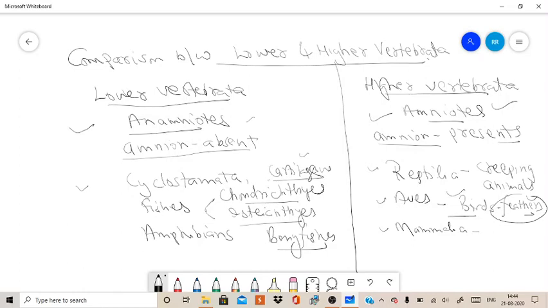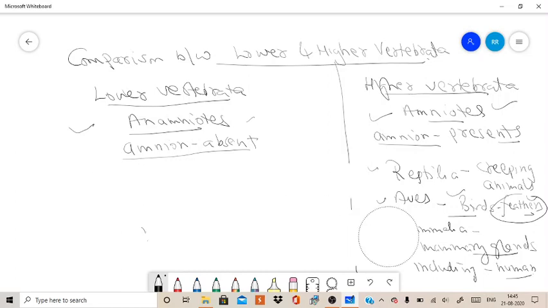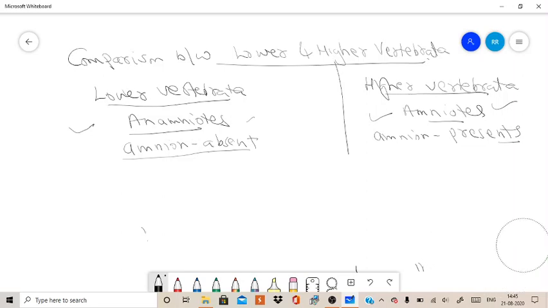Mammalia means the animals which contain mammary glands. So these are the mammals, including human. This is also a member of mammalia. So this is a brief about the amniotes and anamniotes, the first character.